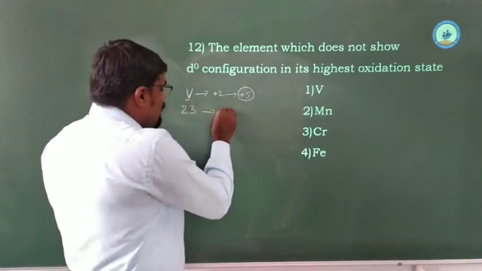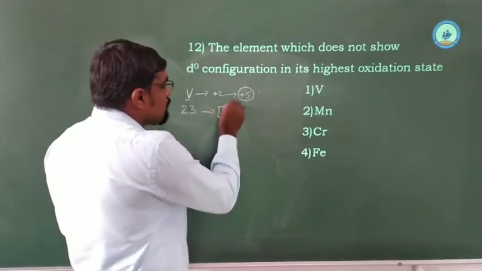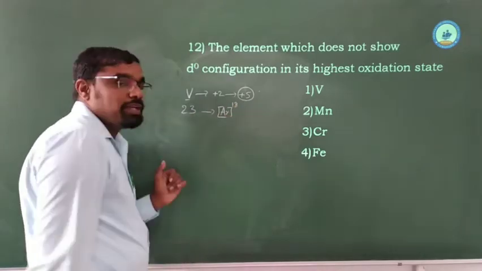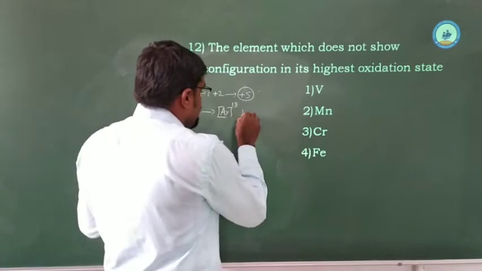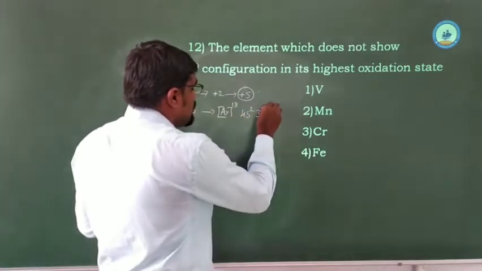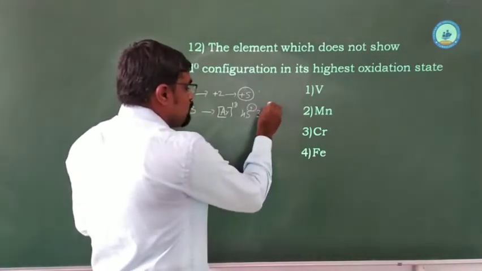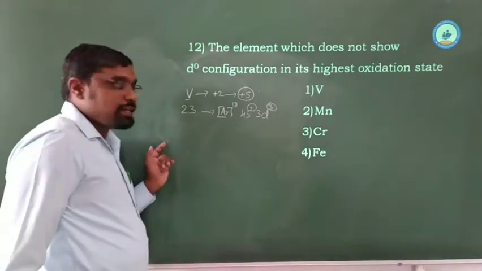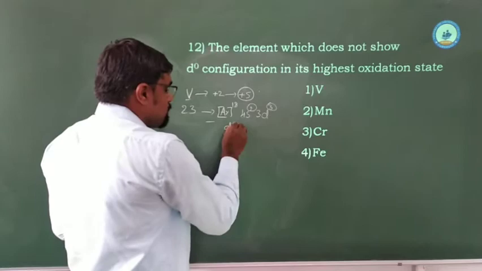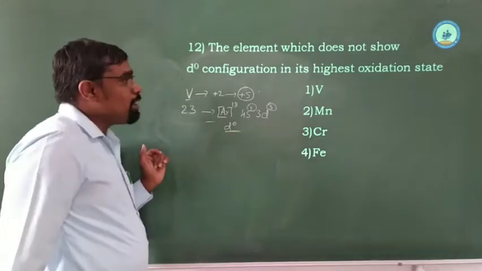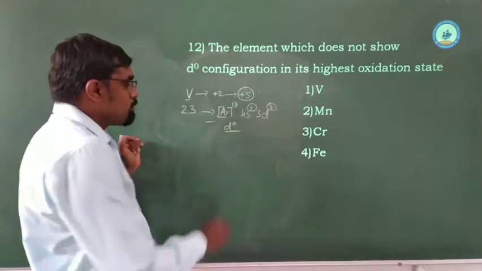So after argon, which is 18, we write 5 more electrons, 4s2 3d3. We are going to remove these 5 electrons. So how many electrons remain in the d orbitals? There are no electrons present.